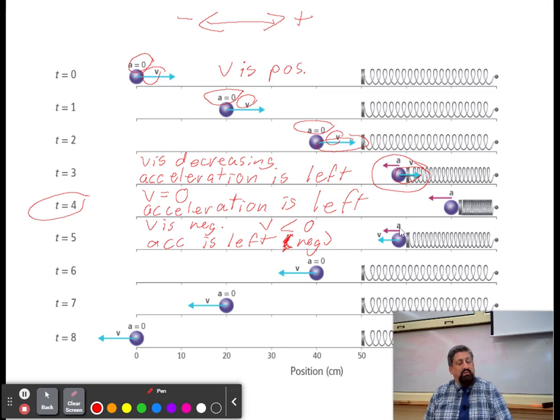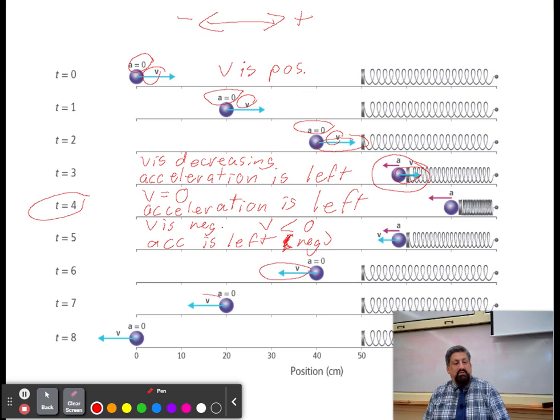Now, notice here that the acceleration and velocity are in the same direction. When acceleration and velocity are in the same direction, that means that the object is speeding up. So when the spring expands, it speeds up the ball and sends it flying off in the left direction.